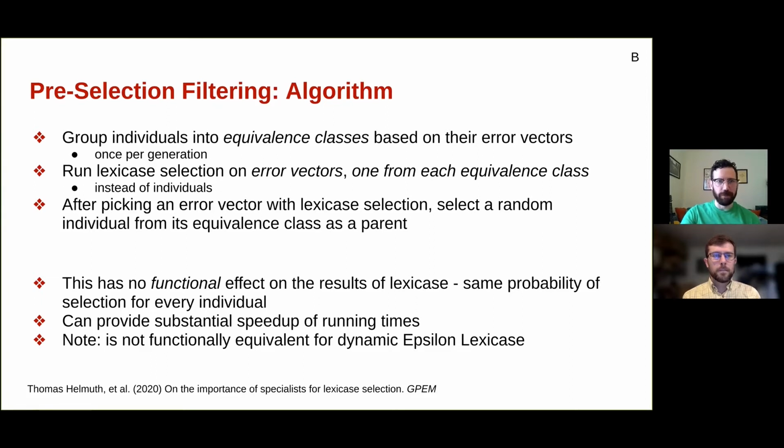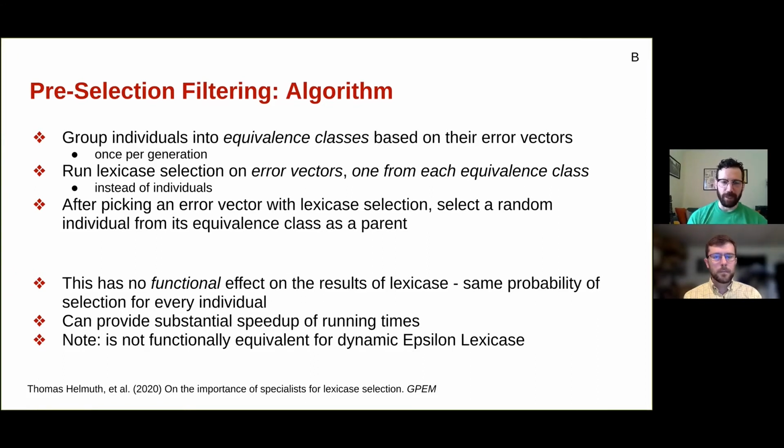In fact, if you do this pre-selection filtering, there's no functional effect on the results of Lexicase selection, which is what we want. That means we have the same probability of selection for every individual, even though we've done this pre-filtering step.